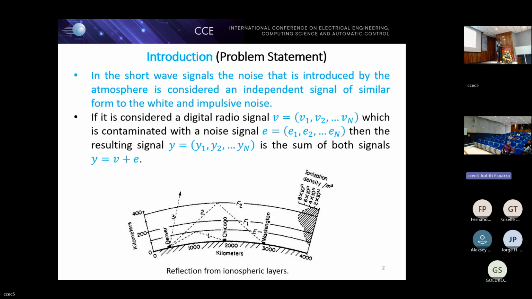This noise has specific characteristics. It is produced by the atmospheric conditions in this part of the atmosphere. When the signal returns to the Earth, it is contaminated with this noise. The resulting signal is the sum of both signals: the original signal and the noise. Next.